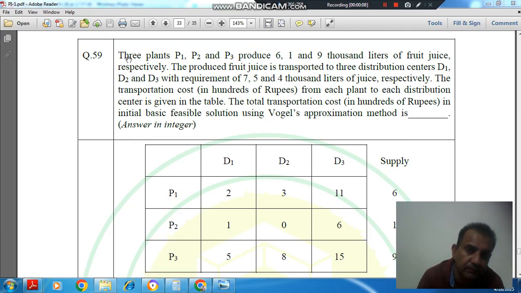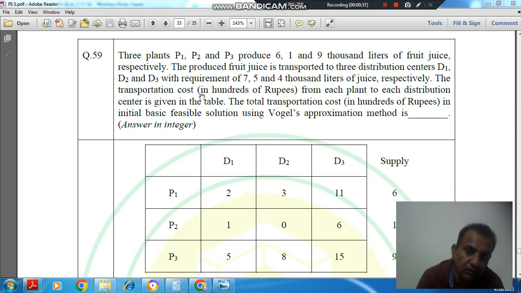Question number 59: three plants P1, P2 and P3 produce 6, 1 and 9,000 liters of fruit juice respectively. The produced fruit juice is transported to three distribution centers D1, D2 and D3 with requirement of 7, 5 and 4,000 liters of juice respectively.